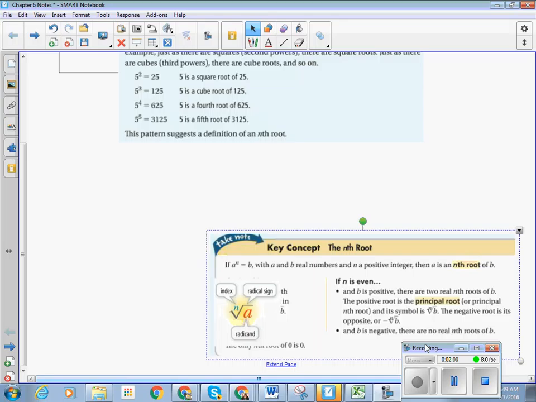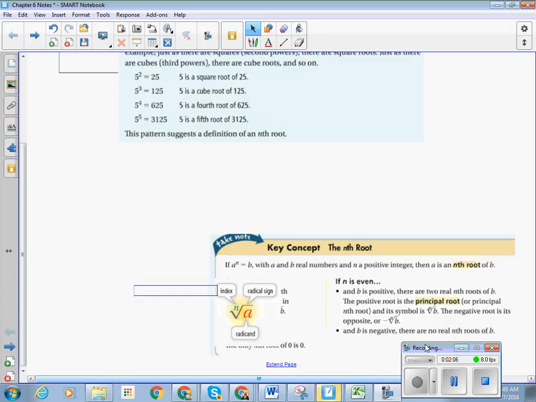We write roots like this. So we have the little radical sign. n is the index. The guy underneath the radical sign is the radicand, because he can.